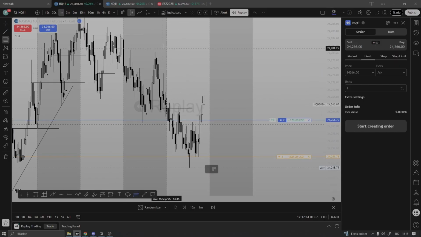Okay, also in terms of the structure, we're just hitting EQ.